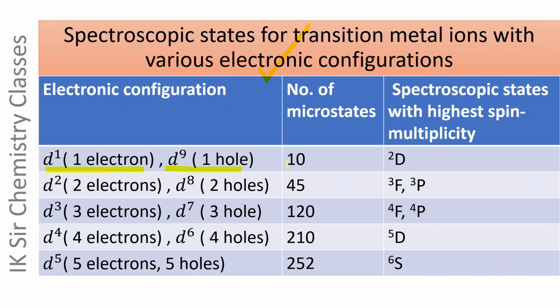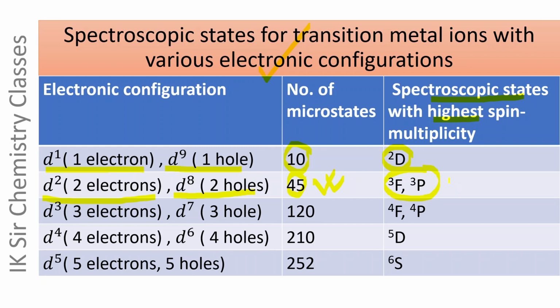These have the same number of microstates 10 and their spectroscopic state is doublet D. Similarly, D2 having two electrons in the D subcell and D8 having two holes in the D subcell have 45 microstates and their spectroscopic states with highest spin multiplicity are triplet F and triplet P.